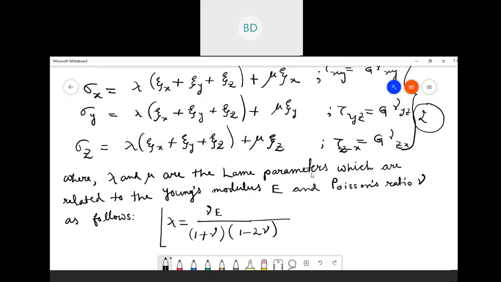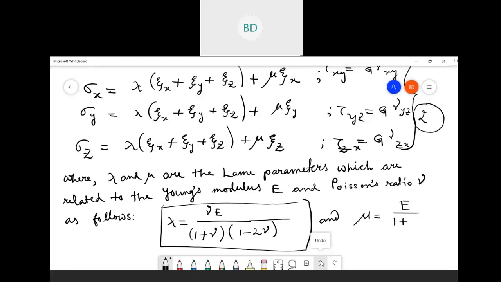This is one relation, and mu is equal to E by 1 plus nu.